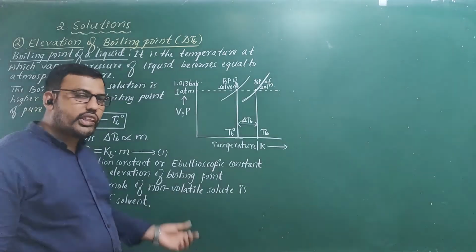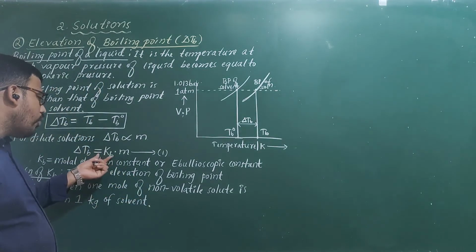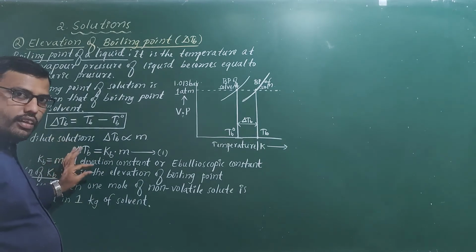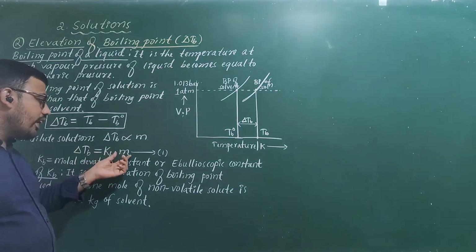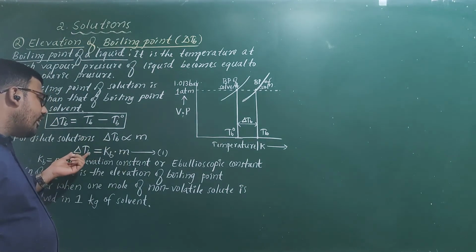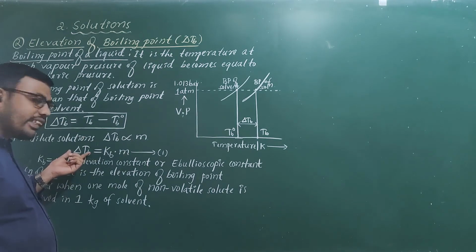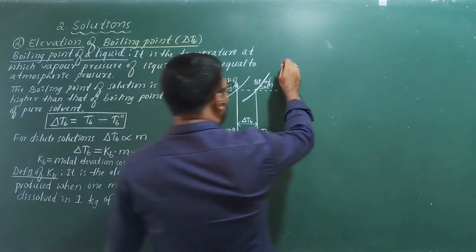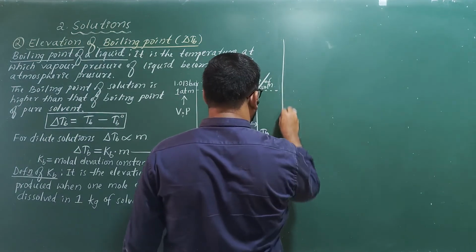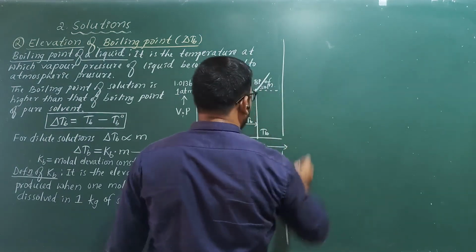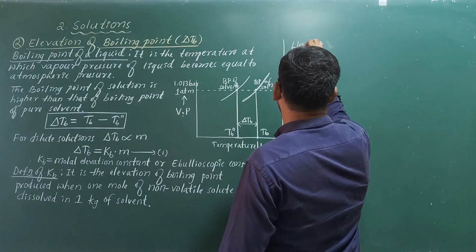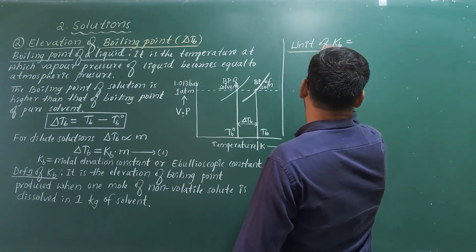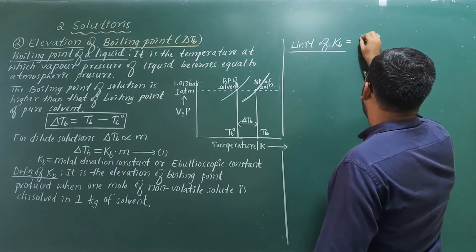Coming to the unit of Kb. Kb is important. What is the unit of Kb? Kb is equal to delta Tb divided by small m. m is molality, mole per kg. Delta Tb is the elevation of boiling point, which means temperature, so Kelvin. Therefore, the unit of Kb is Kelvin.